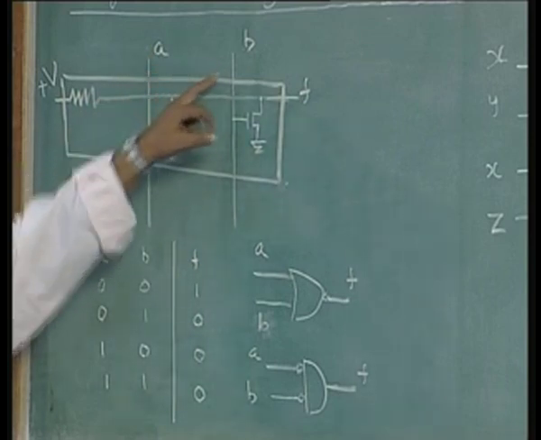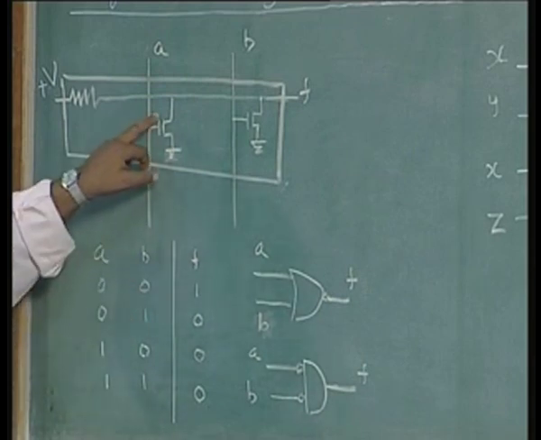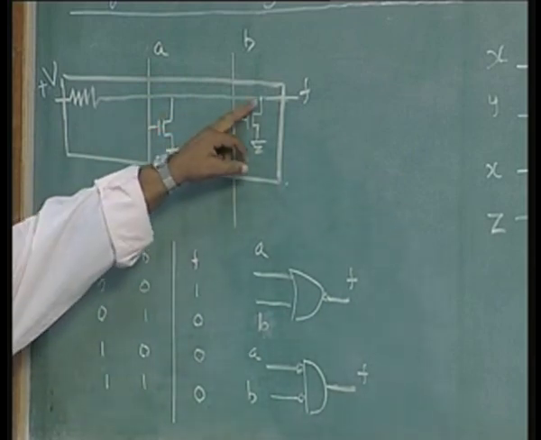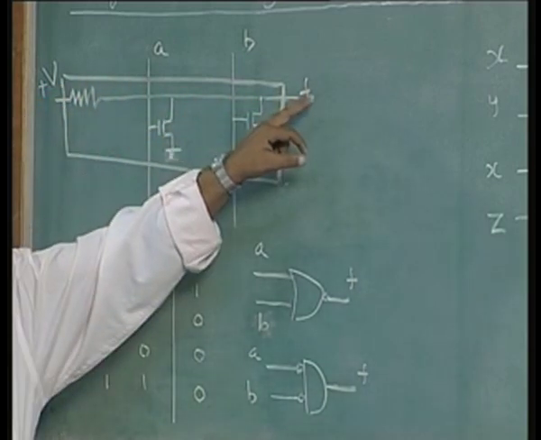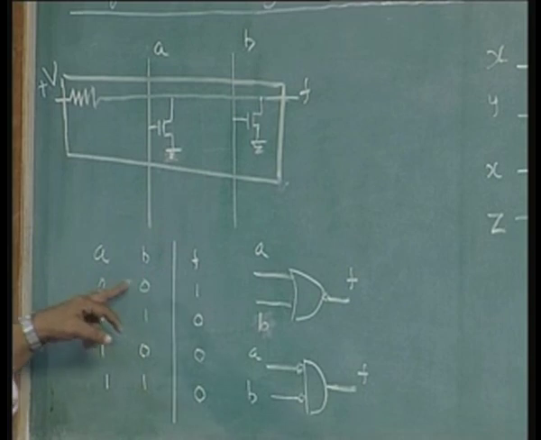So when both are 0, both the connections are not there, that means both are turned off. That means the entire voltage V appears at the output F. So when input is 0 0, the output is 1.